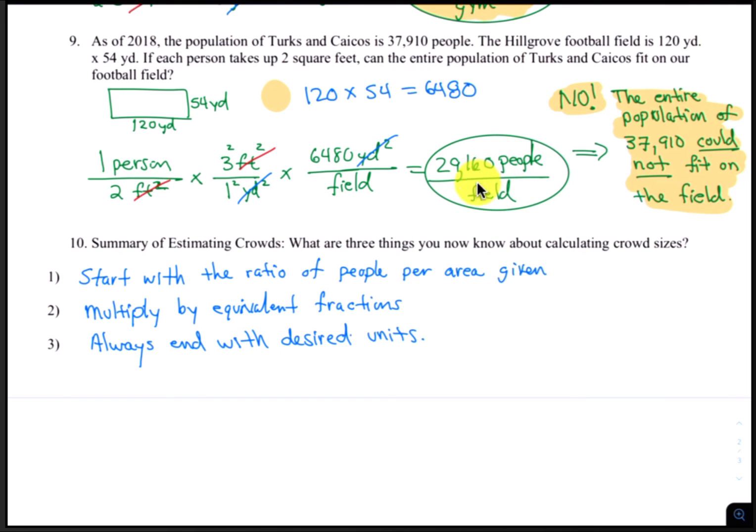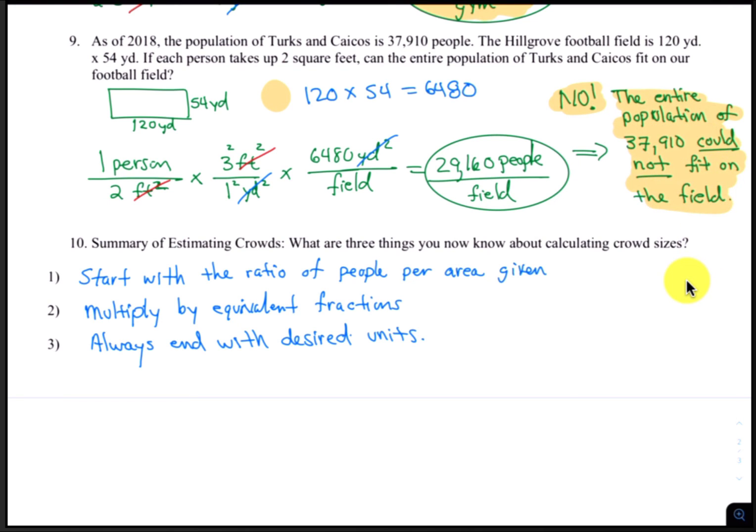That's how many people can fit on the field. So the question is, can the entire population fit on the field? And the answer is no. The entire population is more than what can fit. Only 29,160 people can fit, and the population is 37,900. So the answer is no, the entire population could not fit on the field.